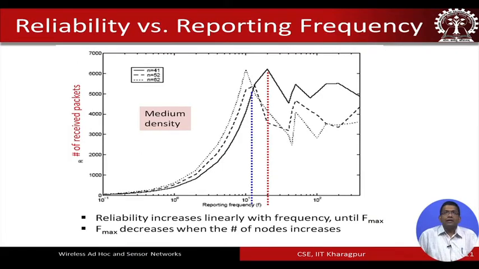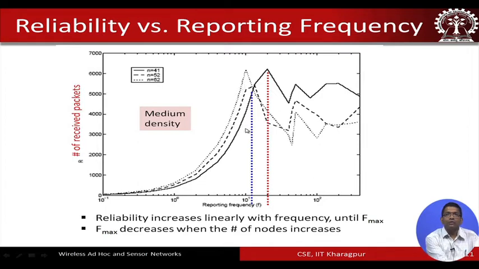Looking at a few plots, let us try to understand this plot first. This is a plot of the number of received packets versus the reporting frequency, and there are 3 plots. The continuous one here is for n equal to 41, which means the number of nodes is 41. The next one is n equal to 52, and the third one is for n equal to 62.